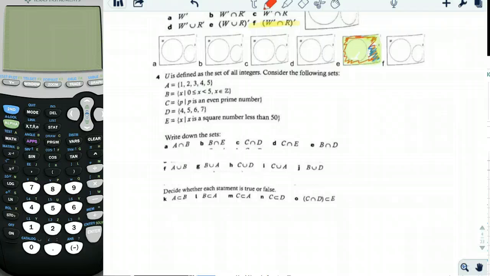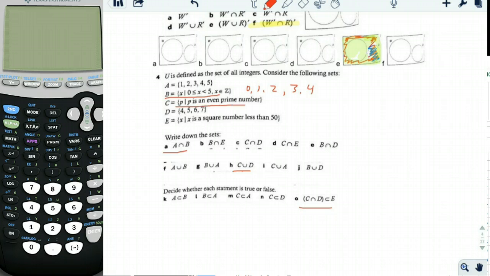We'll do that one, we'll do that one, and we'll do that one. Okay? So let's see, we need to do A, B, C, D, and E. So let's expand B here. B is any number between 0 and 5 that's an integer, not including 5. So that would be 0, 1, 2, 3, 4.